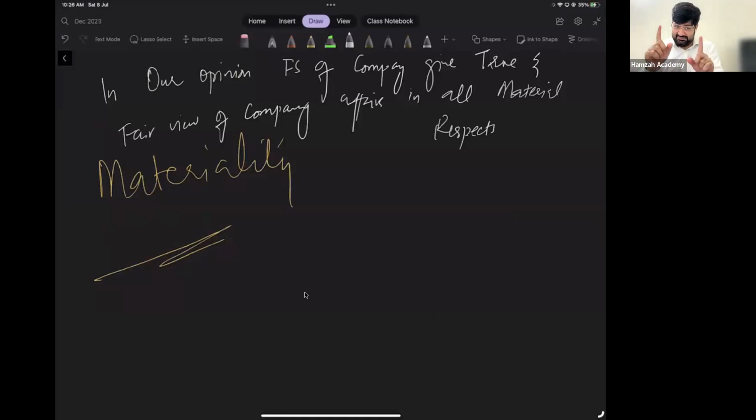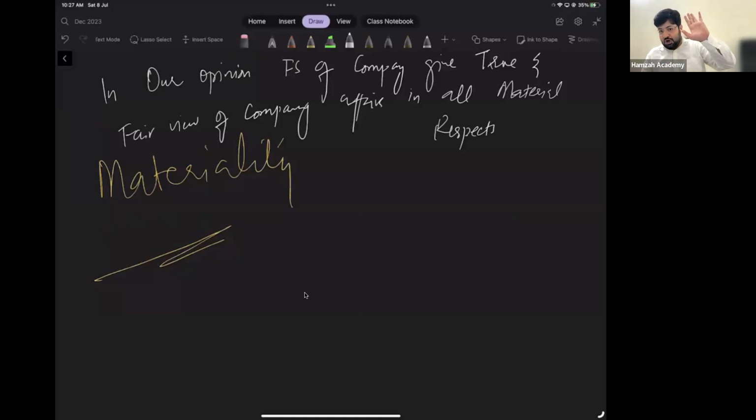I repeat, pictures of this person do not give a true and fair view of this person. In material respects, if there is a small difference, you say, okay, it's okay. But material disappointment.